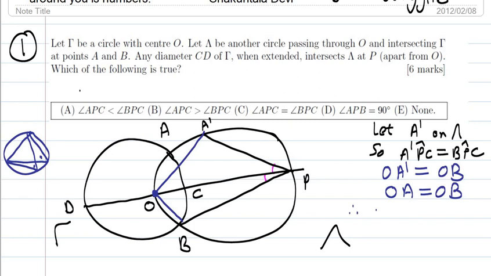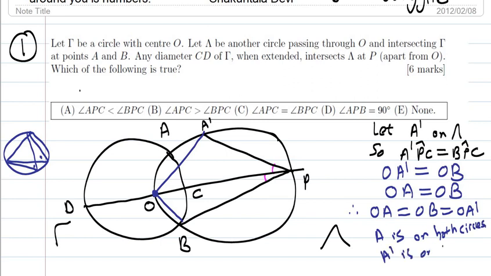So therefore we get that OA is equal to OB is equal to OA dash. And so it's quite clear, if you now look at this, we can see A is on both circles. Can I get a smiley face that you guys see this? A is on both circles and A dash is on both circles.